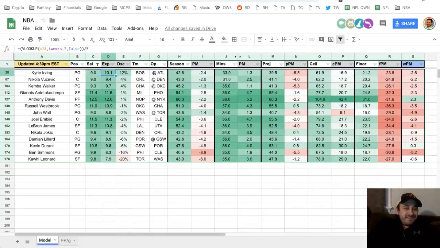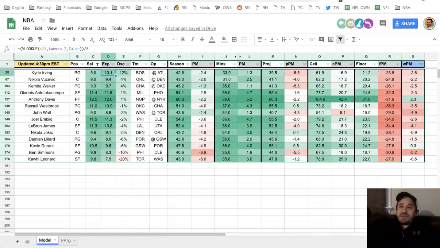But then if you look down at Kawhi, and this is definitely something that I've noticed by observation, but now that it's quantified in front of me, it really hits hard. I have rostered Kawhi several times this year, and I cannot get him right.